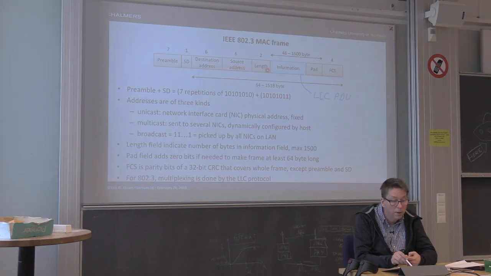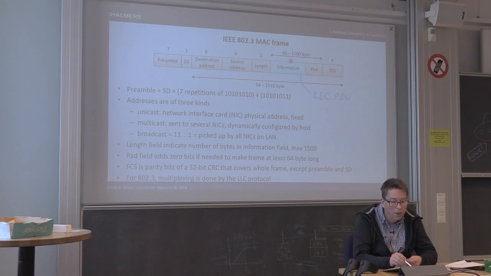And then there is a length field, and the length field tells us how long this data field is, because it could be of varying size. It has to be at least 46 bytes and at most 1500 bytes. These are the limitations. And it needs to be 46 bytes here, because if it's exactly 46 bytes, then this frame from here to here becomes 64 bytes, which is the smallest allowed for Ethernet, for this collision detection to work.